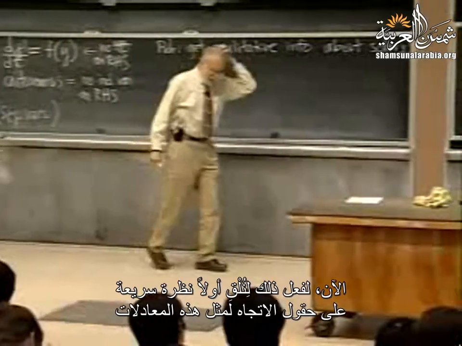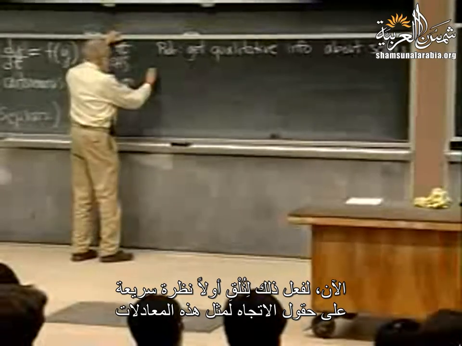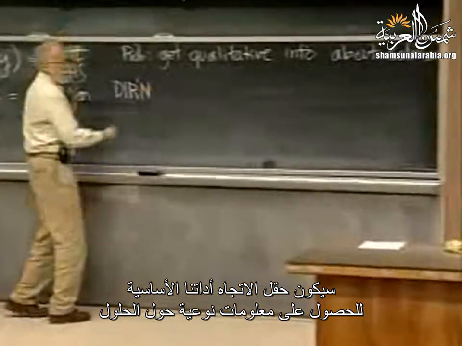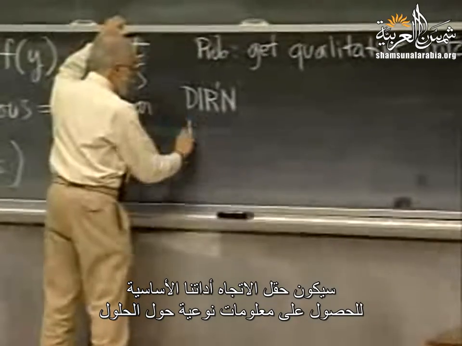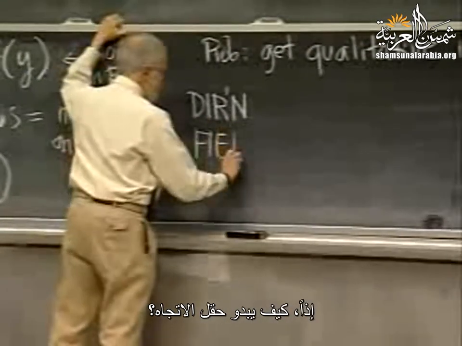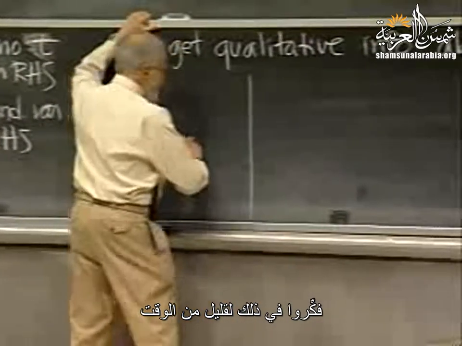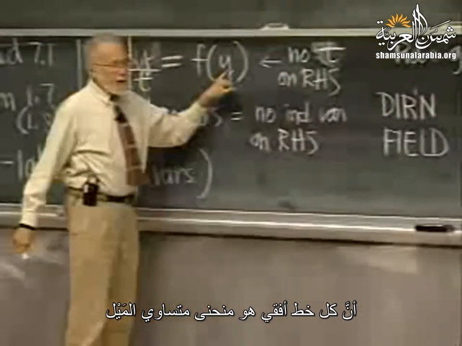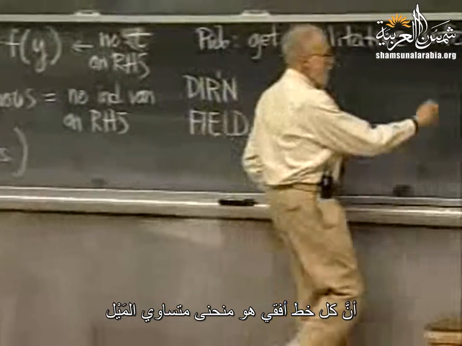Now, to do that, first of all, let's take a quick look at the direction field of such an equation. After all, the direction field is our principal tool for getting qualitative information about solutions. So how does the direction field look? Well, think about it just for a second, and you'll see that every horizontal line is an isocline.